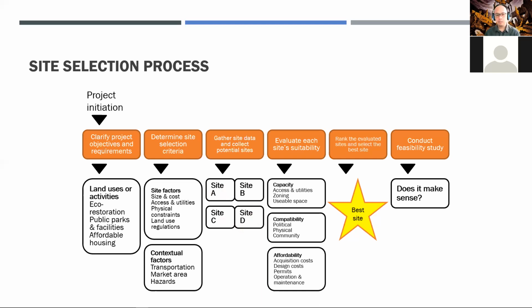In other cases, you may need to discover the potential sites yourself. Oftentimes you would employ spatial analysis techniques or use geographic information systems to help you identify potential sites.